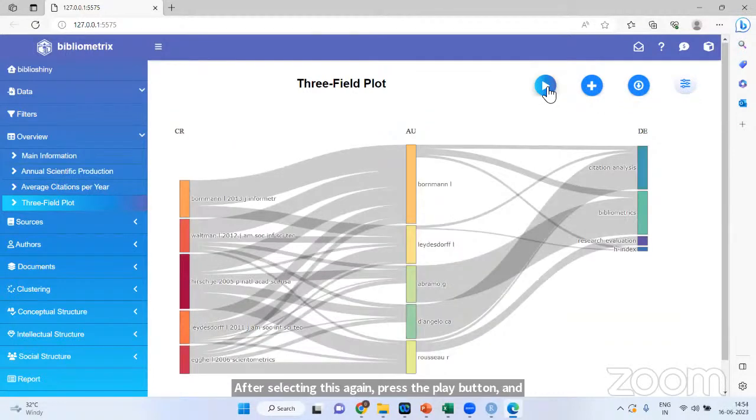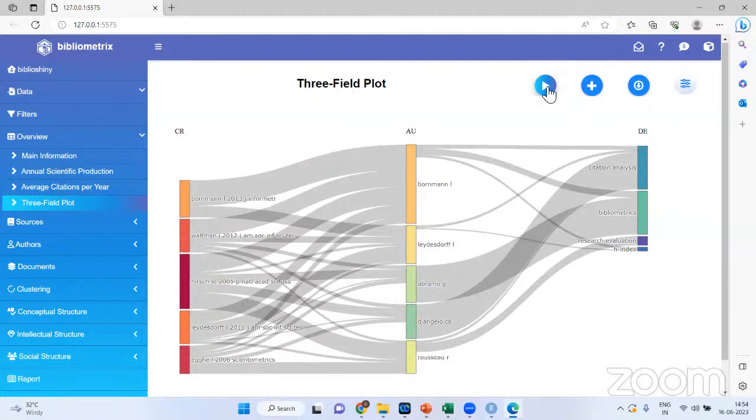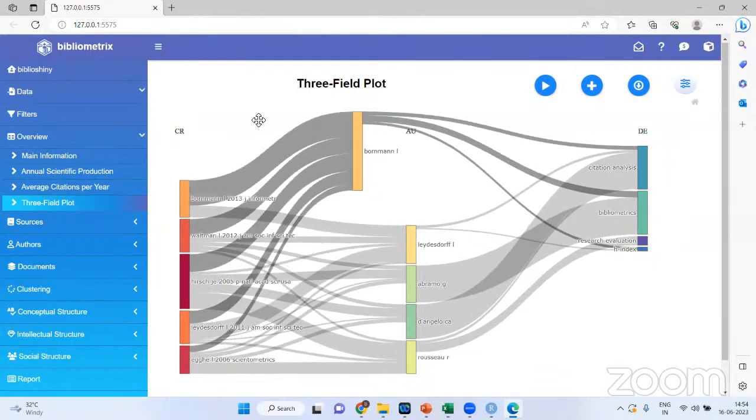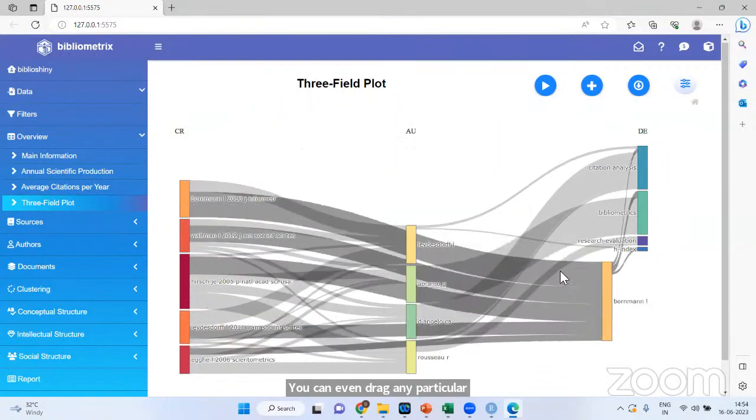Kindly confirm, are you able to do it? You can even drag any particular field to see its effect.